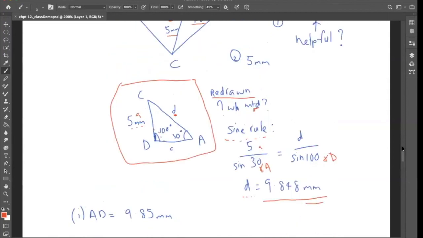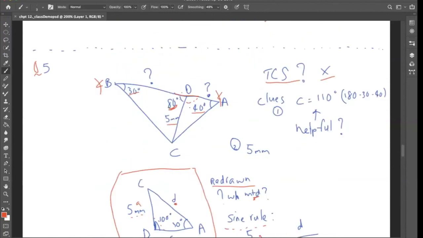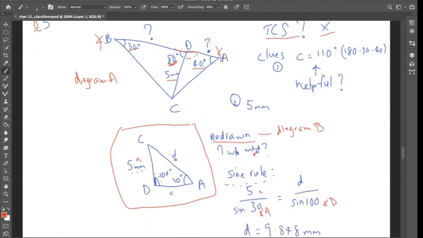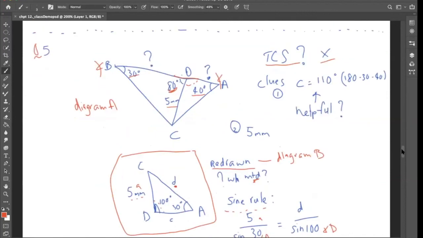Okay, one more time, let me recap. So this diagram, this is the big diagram. Let's call it diagram A. After I redraw diagram B, I put in the information that I know. Since it's not 90 degrees, I cannot use Pythagoras.